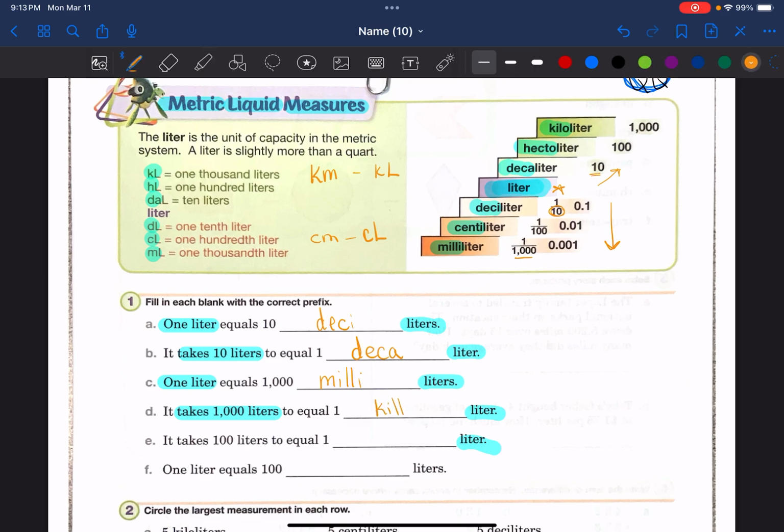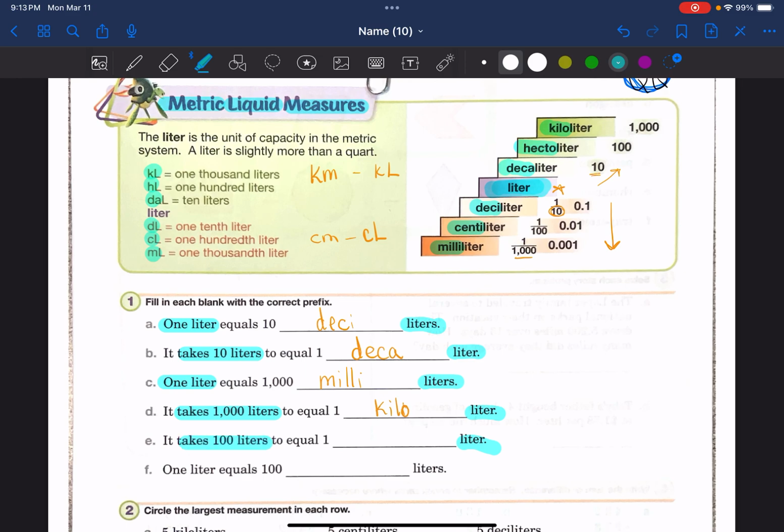After we have 1 liter, 2 liters, 10 liters, 100 liters, 1,000 liters, it takes 1,000 of them to finally get to 1 kiloliter. Goodness, I'm really struggling on my spelling tonight. All right, then it says it takes 100 liters.